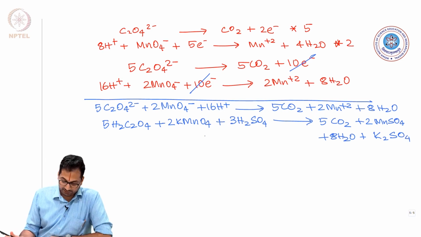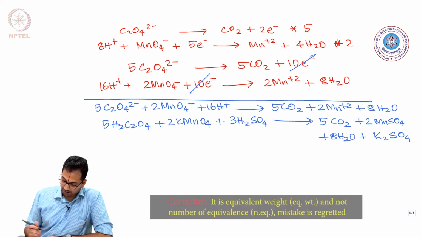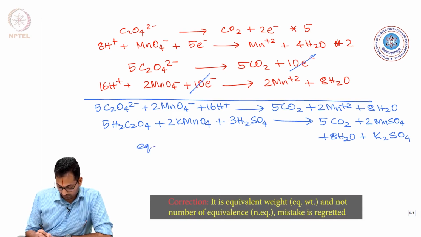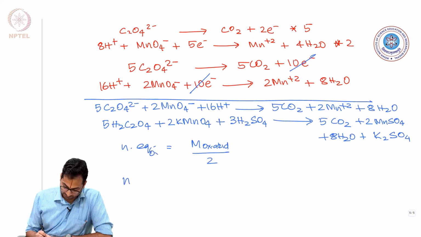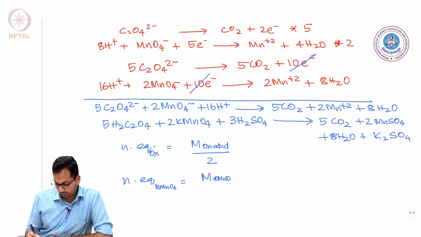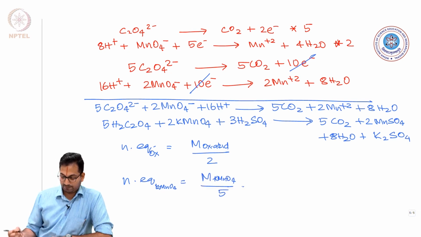So now that we have done this, the equivalent weight of oxalic acid is going to be given by the molecular weight of oxalic acid divided by 2, while the equivalent weight of KMnO4 is going to be given by the molecular weight of KMnO4 divided by 5.